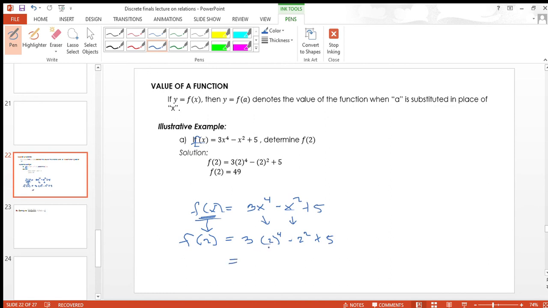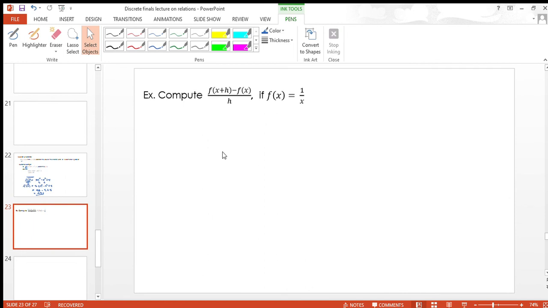Or that will now be 2 to the fourth is 16. 16 times 3 is 48 minus 4 plus 5. 5 minus 4 is 1. 48 plus 1 is 49. That's why the value here is 49. So we just substitute.